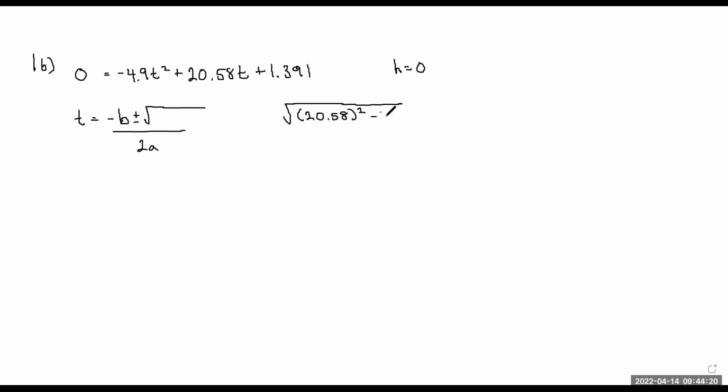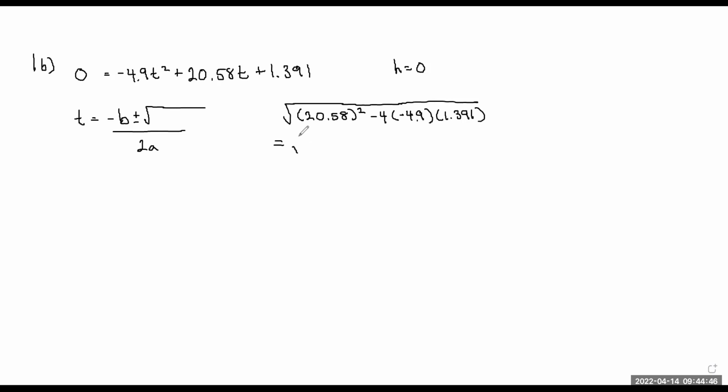That's b squared minus 4 times a times c. And so let me quickly do that on the calculator. 20.58 squared minus 4, which was multiplied by a negative 4.9, which was also multiplied by 1.391.